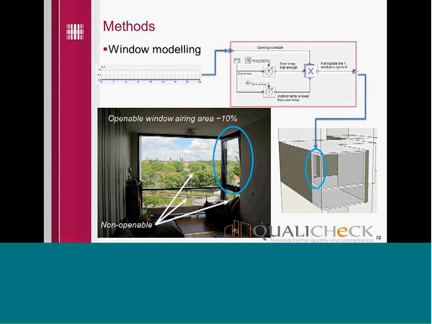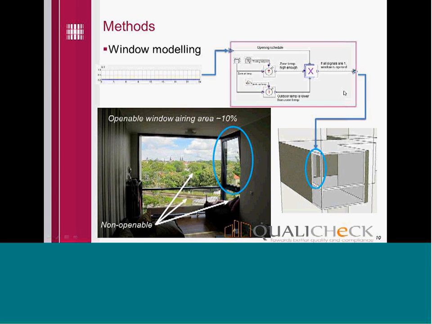So window airing is taken into account in this calculation procedure for the residential buildings, and it means that the windows can be in the opening position, in the airing position. As you can see from this figure, you need to estimate what the opening area is, and to model this in the software.